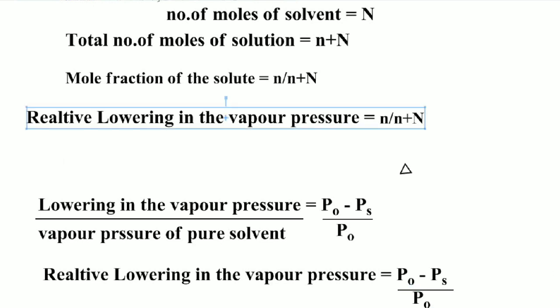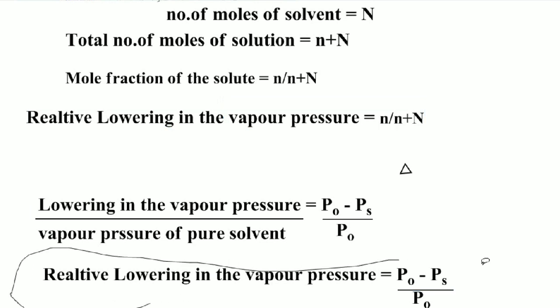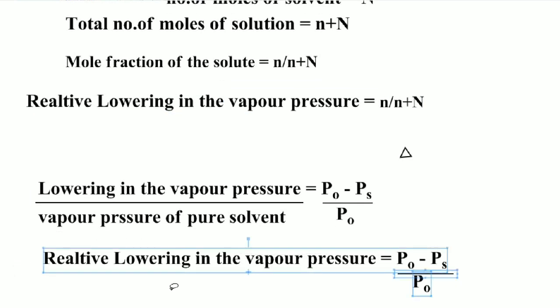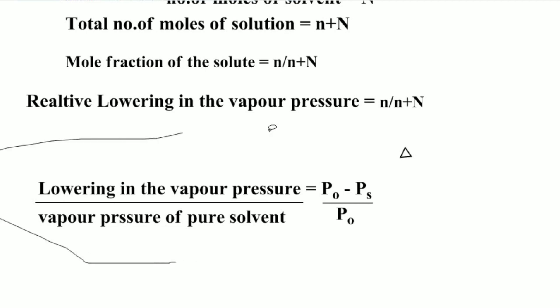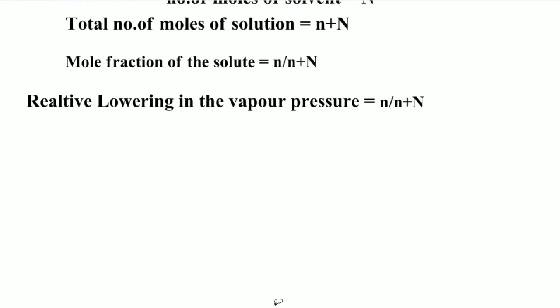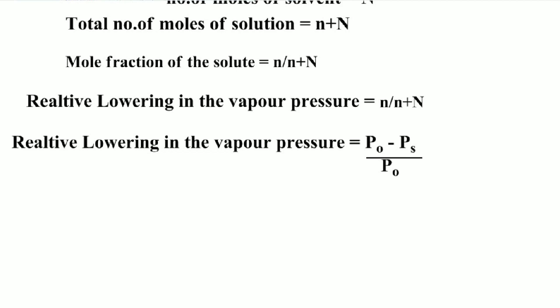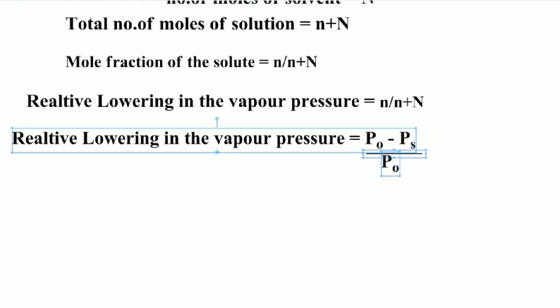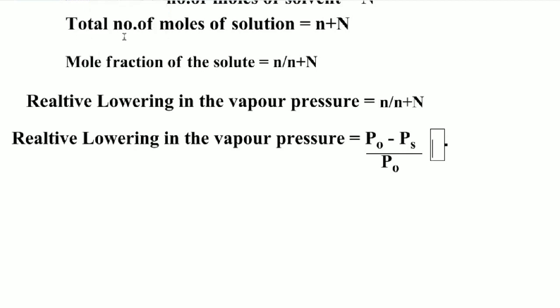Therefore, students, relative lowering in the vapor pressure, (P naught minus Ps) by P naught, is equal to small n divided by small n plus capital N.